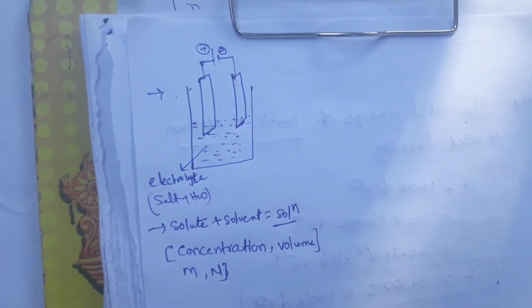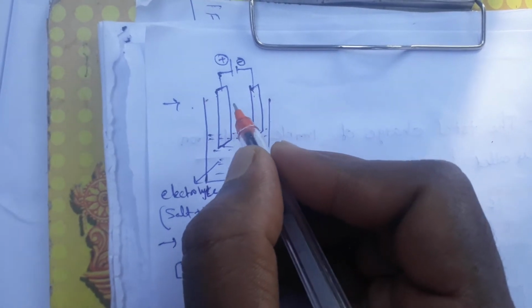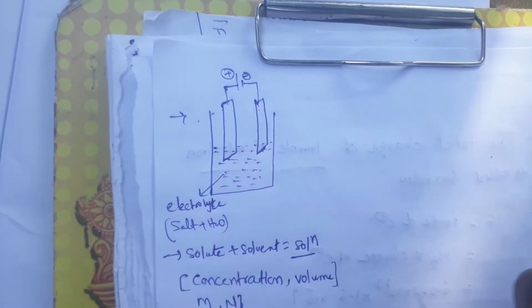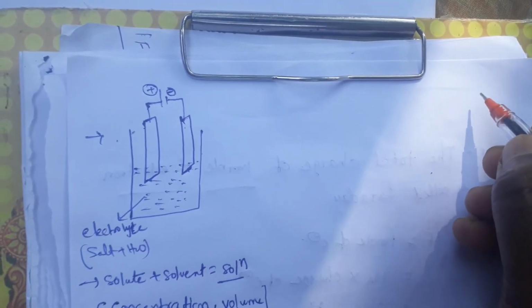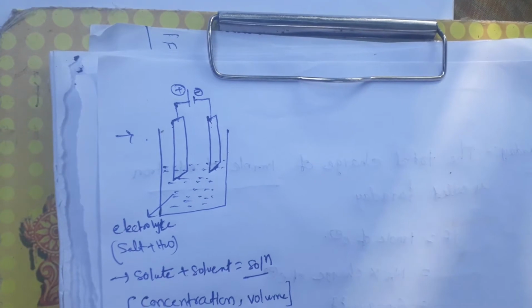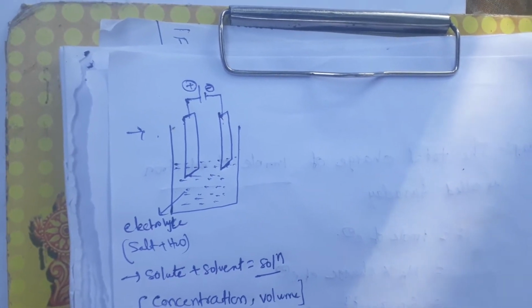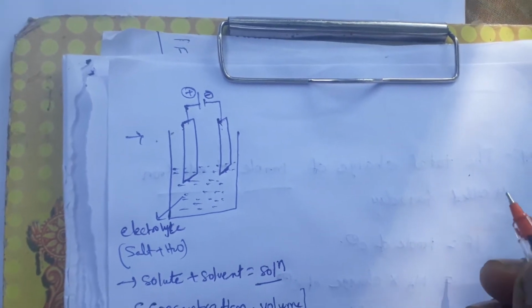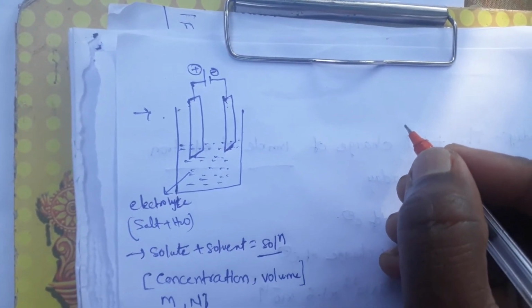Another thing is that these are metallic conductors. If you see the metallic conductor, that means it is a metallic conductor.